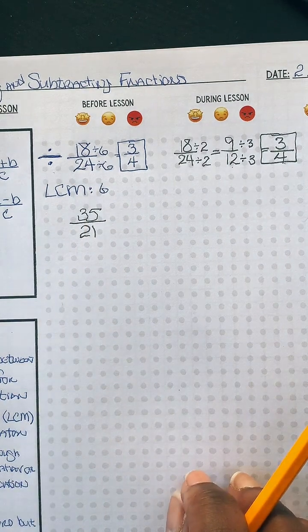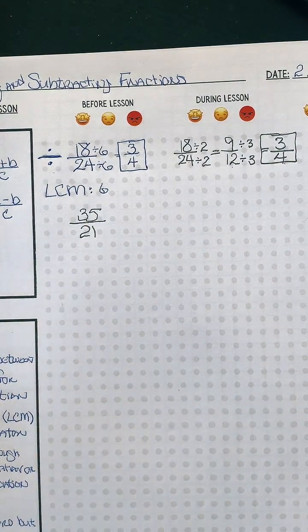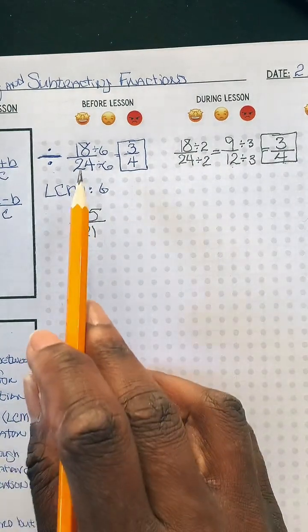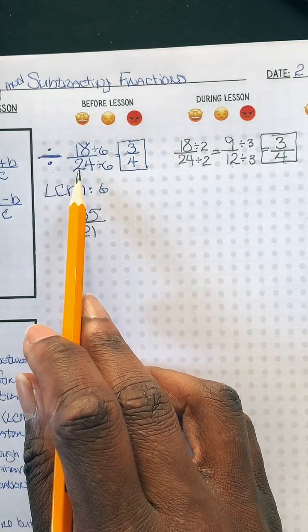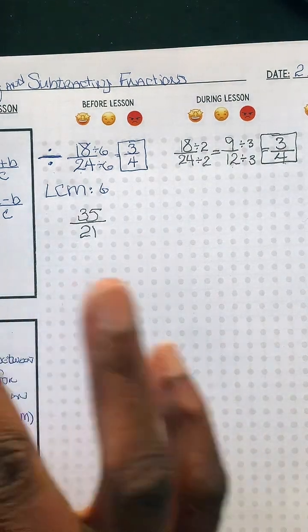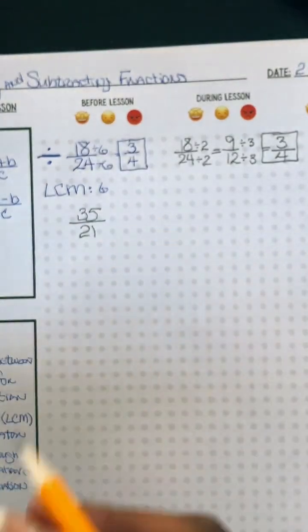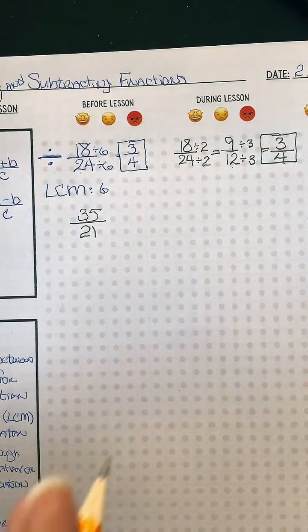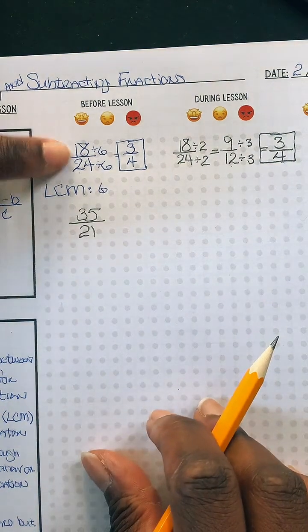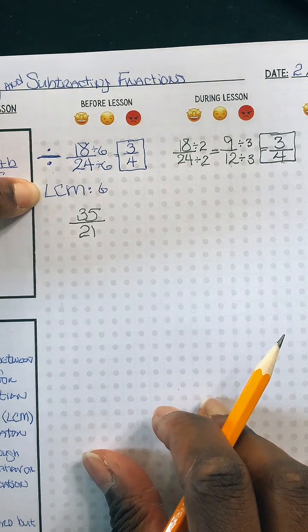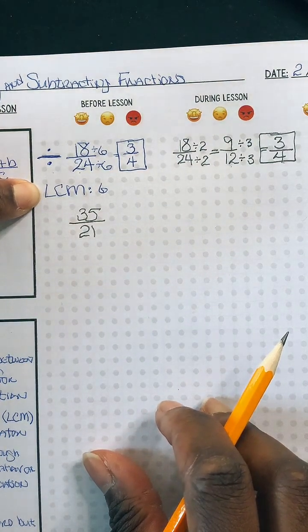If I multiplied 18 and 24, and I'm putting it in the calculator right now because I'm not a genius, it would be 432. Way too big. We're trying to simplify it, not factor it.